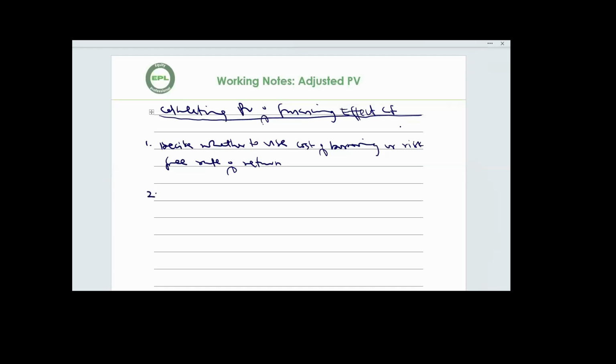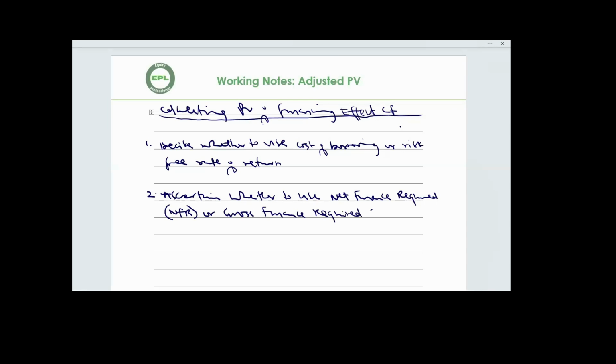Then number 2, ascertain whether to use net finance required (NFR) or gross finance required (GFR).